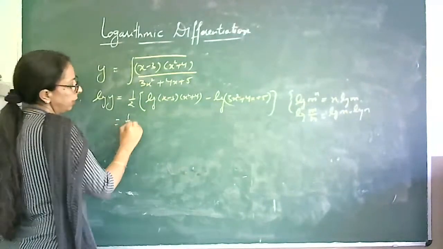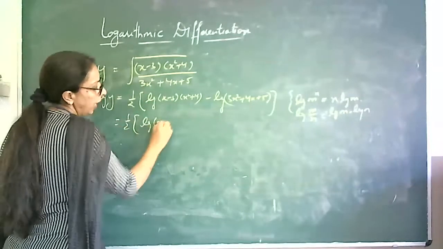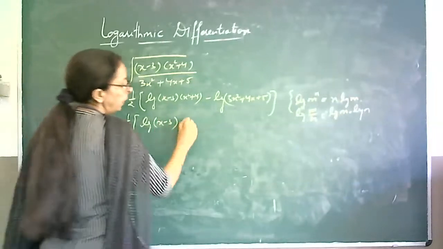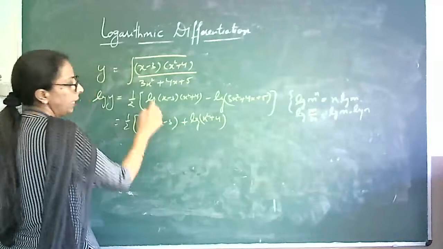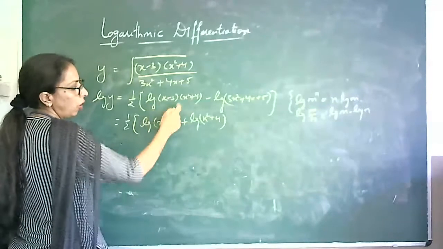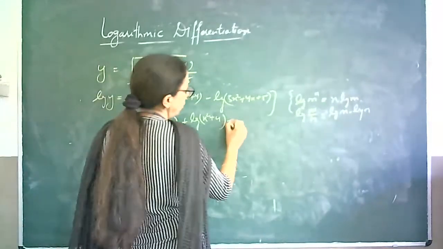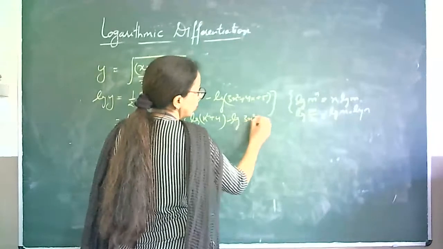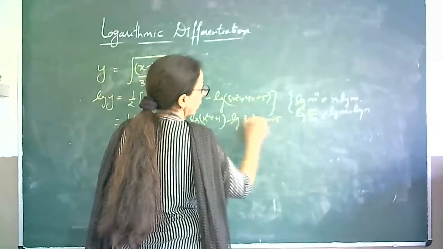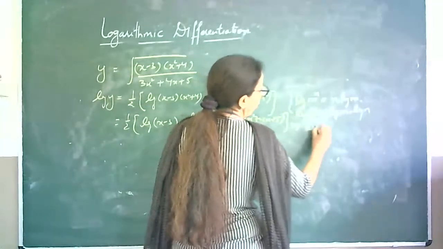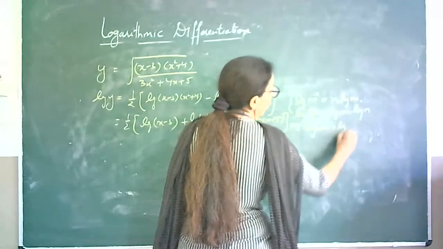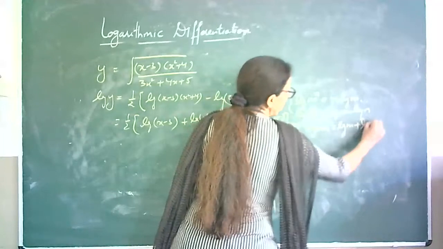Now further, it is log x minus 3 plus log x square plus 4. What I have applied? When it is a product inside the log, you can write it as a sum of the functions. Here I have used log m into n is equal to log m plus log n.